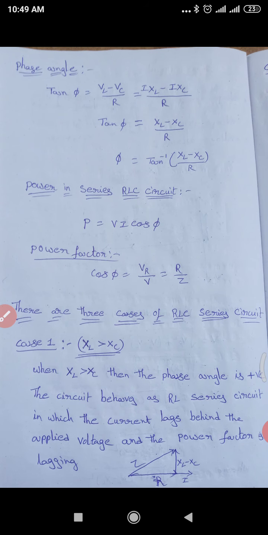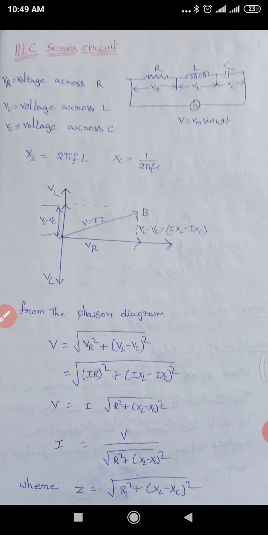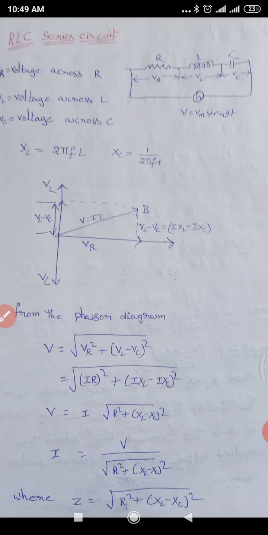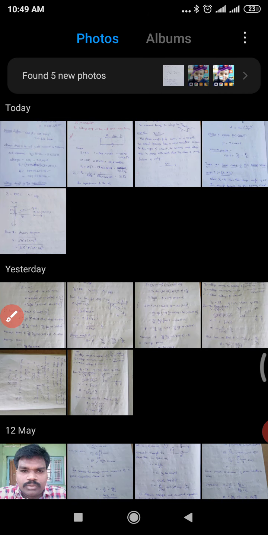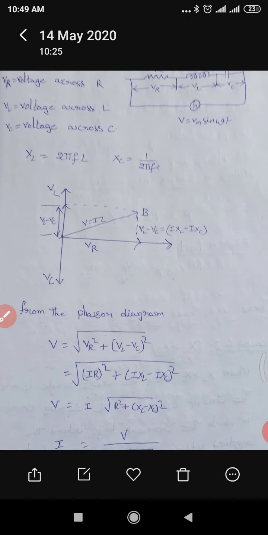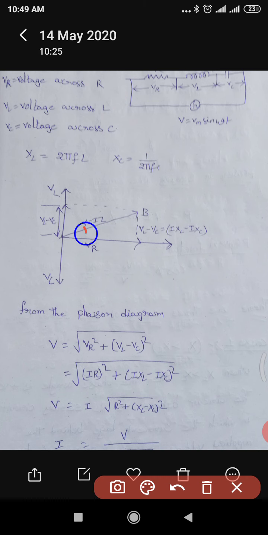Next, let us see how to find the phase angle. This is the phi value.